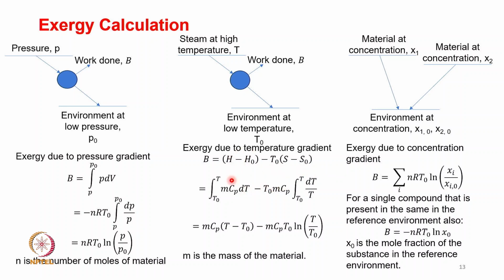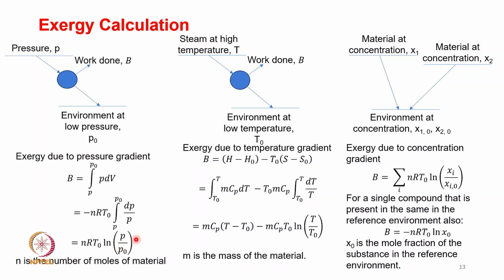You can substitute the expression for H, which is mCp delta T, and similarly for S: mCp integral of dT minus T naught times mCp integral of dT by T. This results in mCp (T minus T naught) minus mCp T naught ln (T by T naught), where again m is the mass of the material, like n is the moles before.